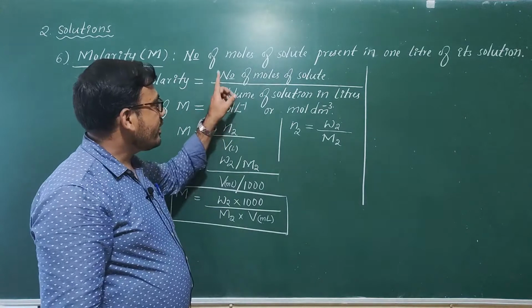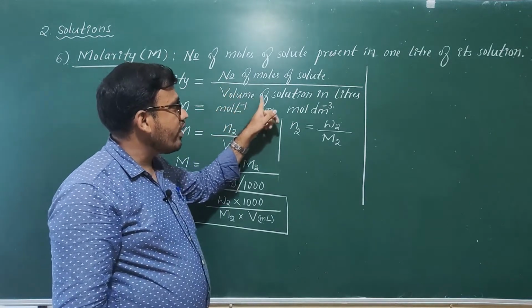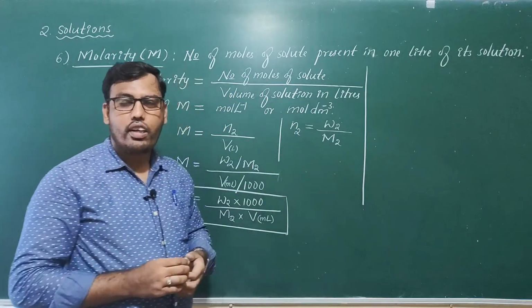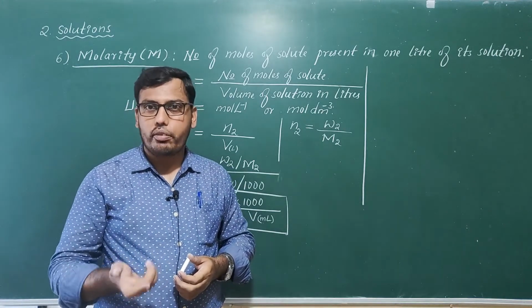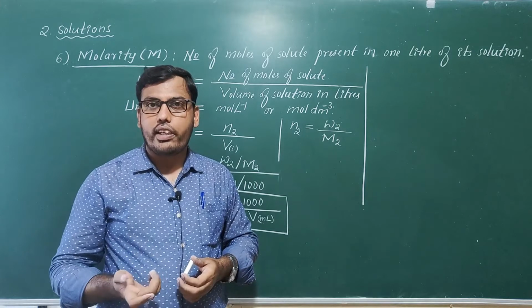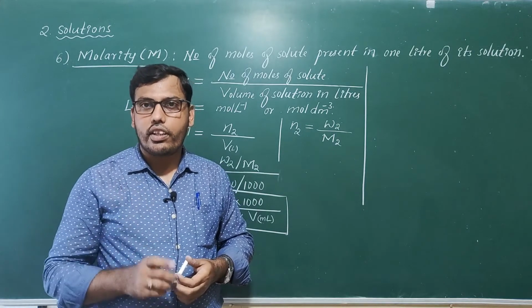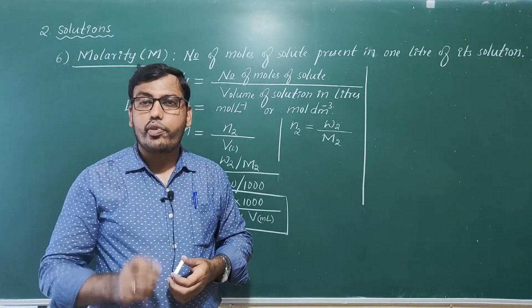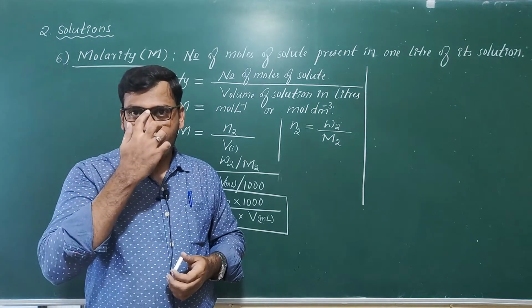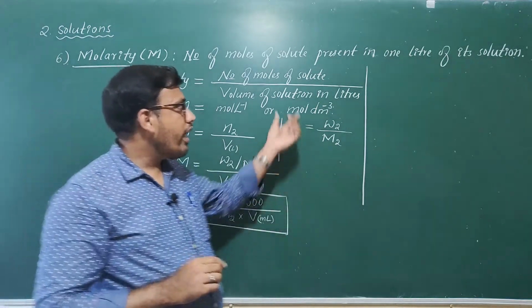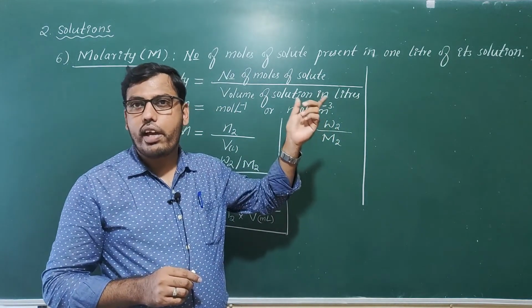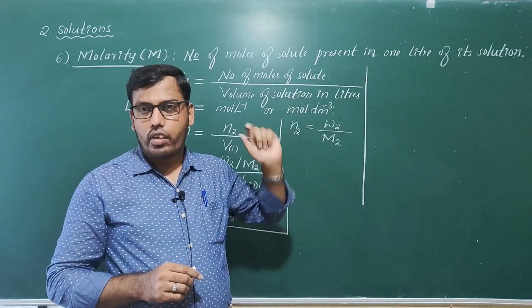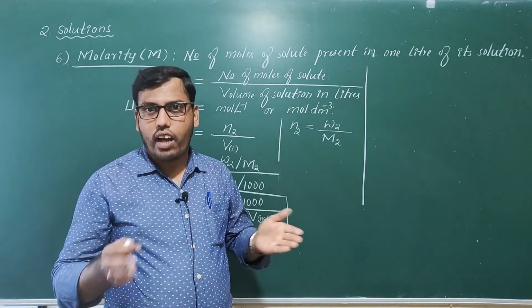Dear students, see here in the denominator we have volume of solution. This volume of solution changes with temperature. If you increase the temperature of the solution, the volume of solution increases because of thermal expansion of liquids. Generally liquids expand on heating.